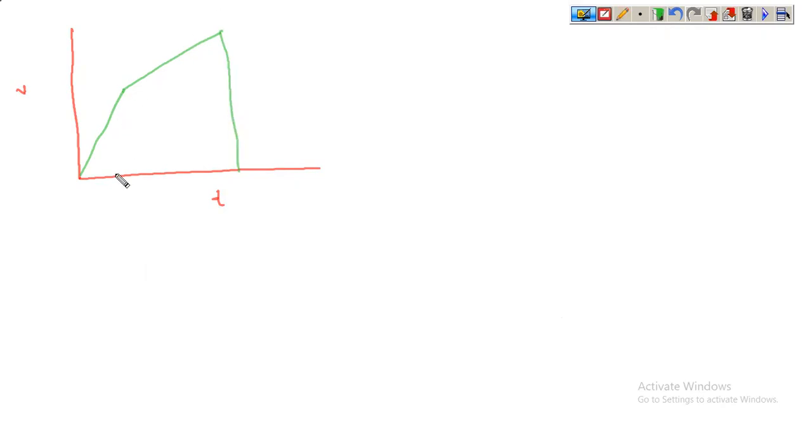This is the velocity time graph given, and this is 10, this is 20, this is 20, and this is 30. This is the motion of a velocity, and you need to calculate. The problem says calculate the total distance traveled. You need to find out the total distance traveled.